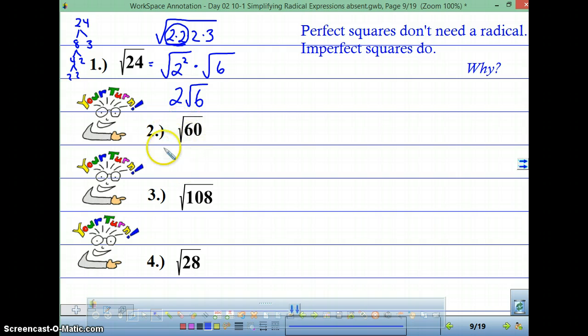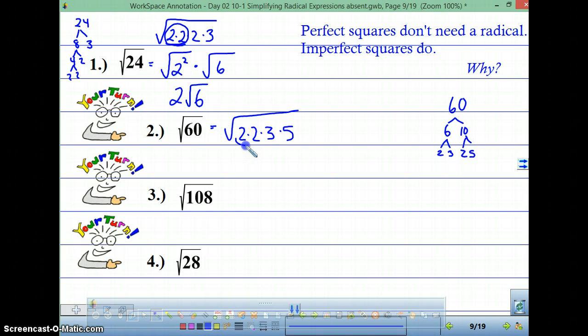Okay, your turn. I'll try a couple of these. Let's take 60. Let's do a factor tree. 6 times 10, 2 times 3, 2 times 5. Those are all my primes. I'm going to write them in order. It's just the same thing as the square root of 2 times 2 times 3 times 5.